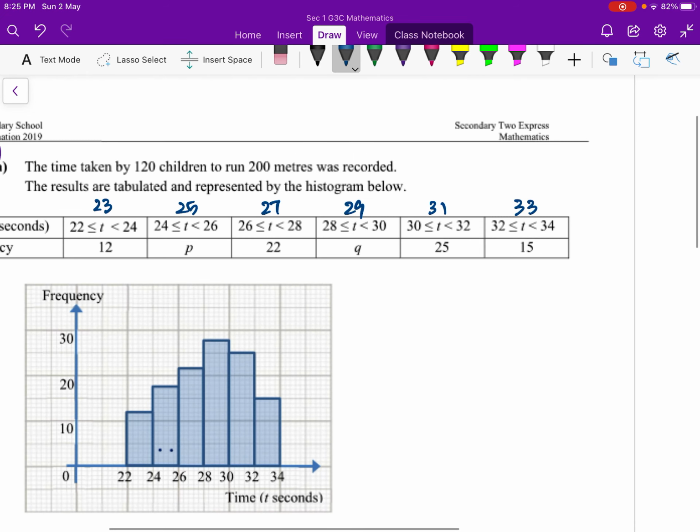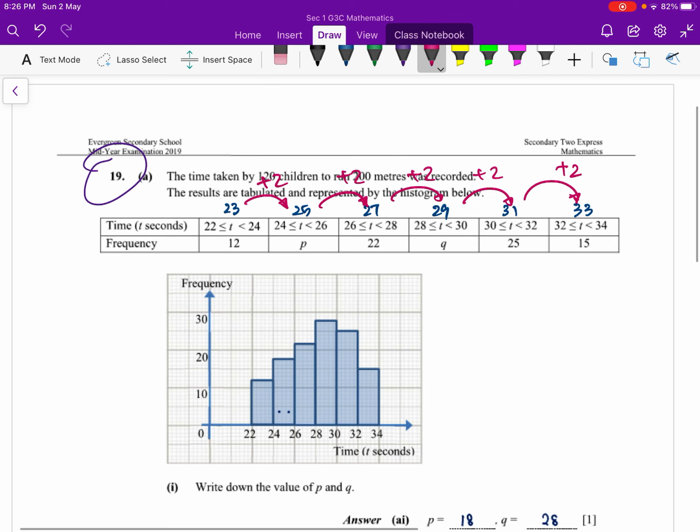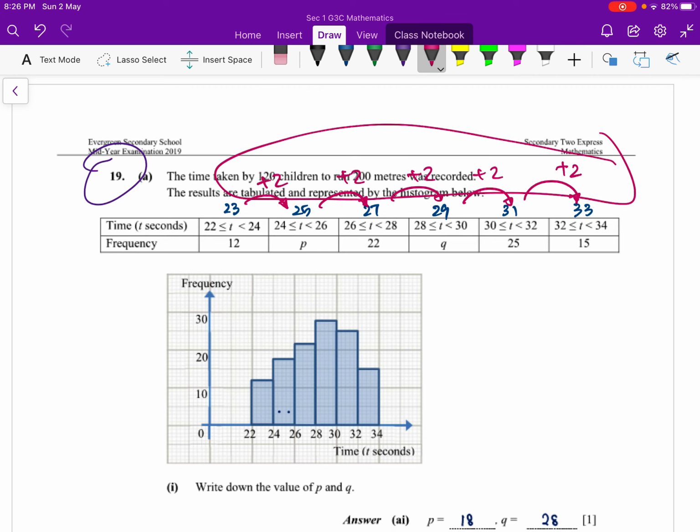So what do I mean by that? You see over here there's a common difference of 2, 2, 2, 2 and 2. But in the 2018 paper, I think the difference was not consistent. So just be careful with that.